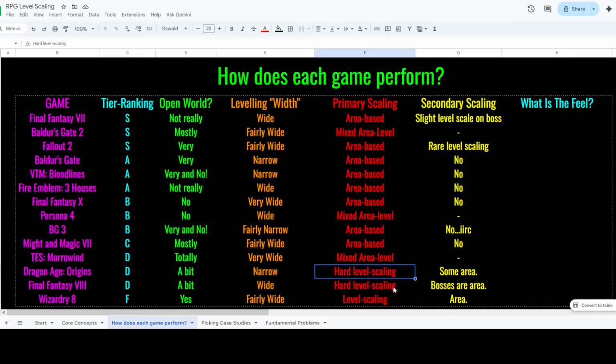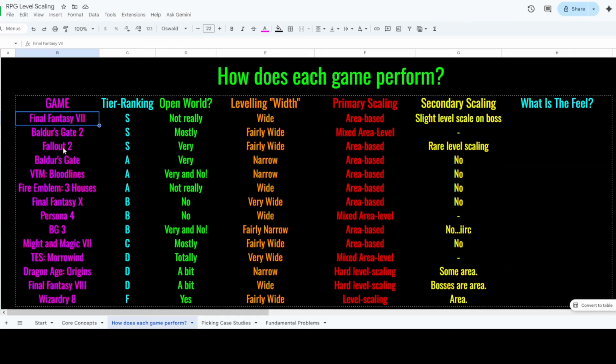And I know you might look at some of these things and say, well, isn't the exploration of finding a new area in Fallout 2 more of a reward? Isn't finding some exposition about a character's motivation and their relationship with the plot in Final Fantasy VII more of a reward?